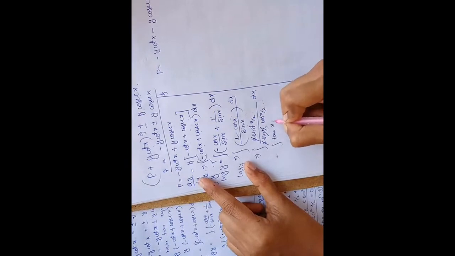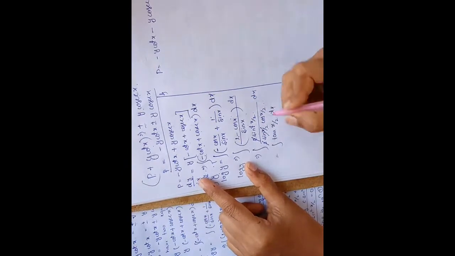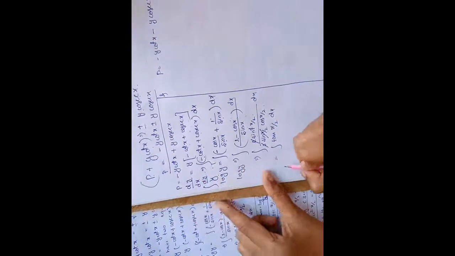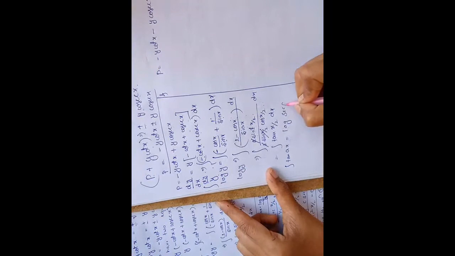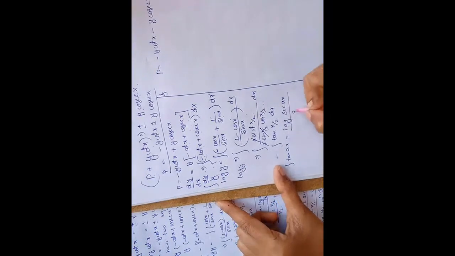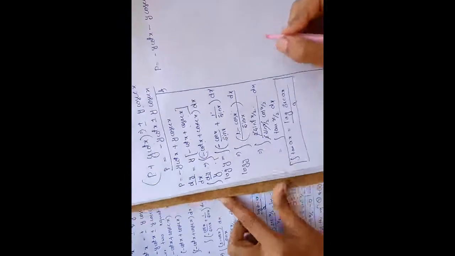See here, the integration of tan ax formula is log sec ax divided by a. This is an important formula, you have to remember this one. So here a is 1 divided by 2.